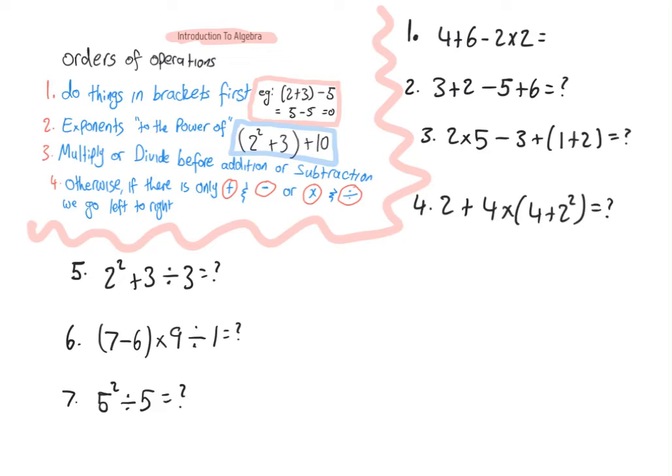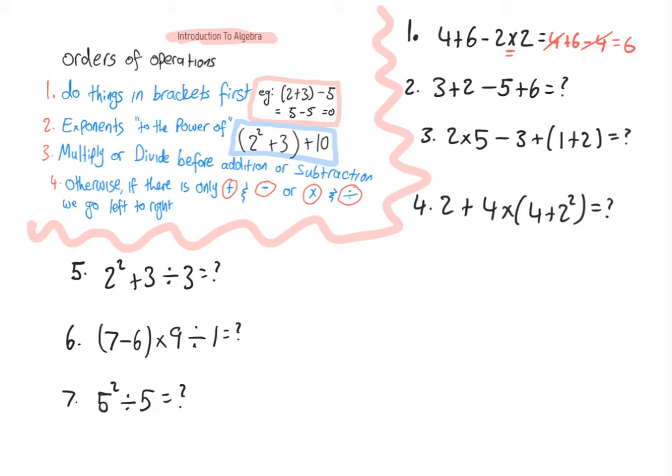No. Do we have any multiplication or division? Yes. So that means we'll start with rule number 3, and otherwise, we go left to right. We're going to leave the beginning as it is. 2 times 2 is 4. And now to solve the question, 4 plus 6 minus 4 will equal, the 4 and the 4 disappear, we'll be left with 6.